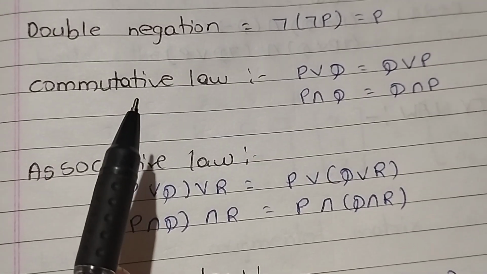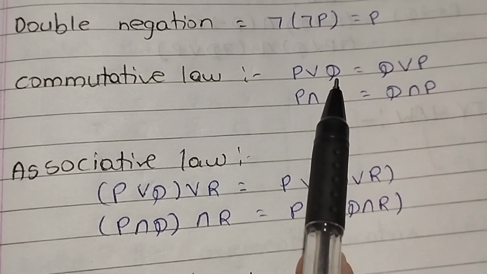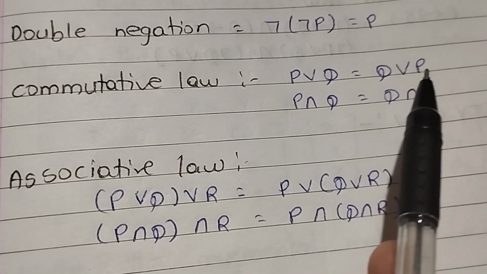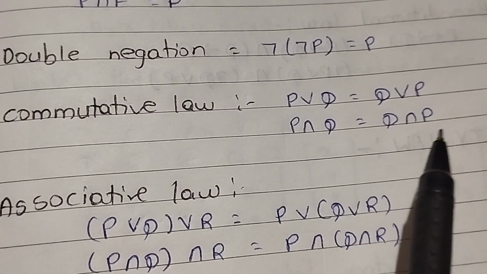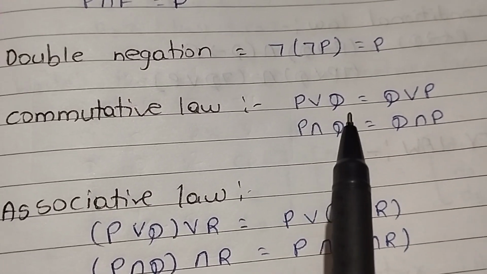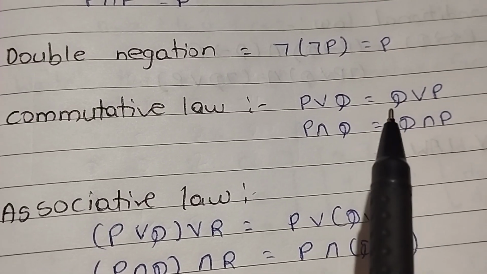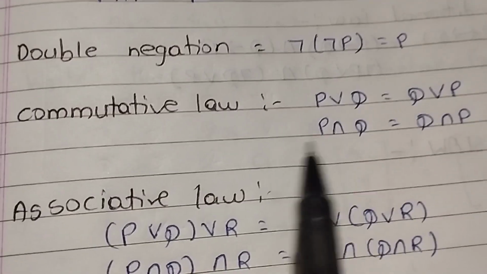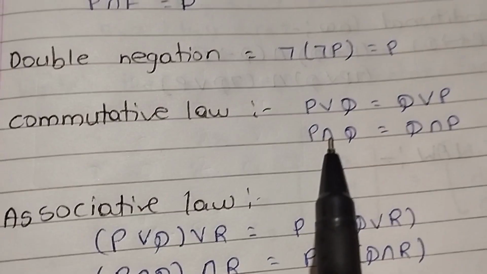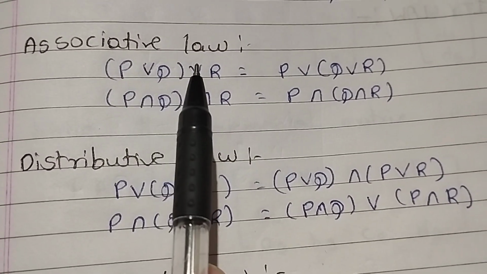Now the commutative law. P or Q is equal to Q or P, and P and Q is equal to Q and P. This is the commutative law. When we want to change the order, P or Q is equal to Q or P, we use the commutative law. Now the associative law.